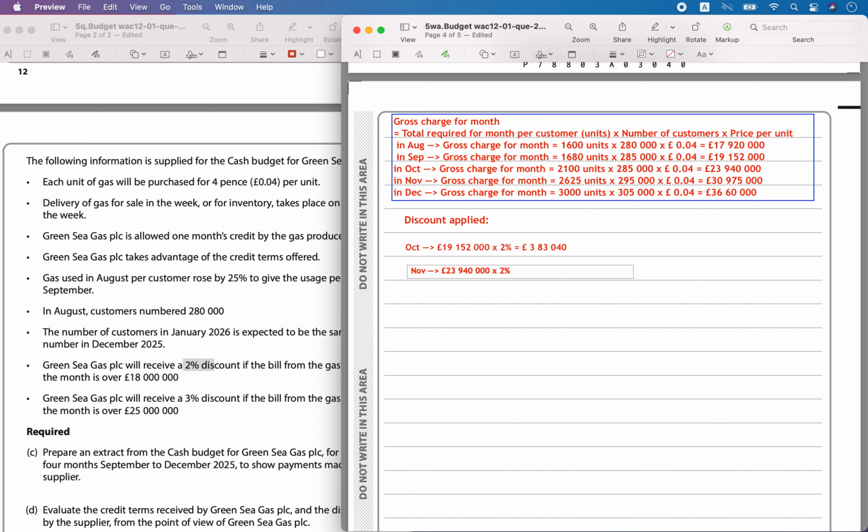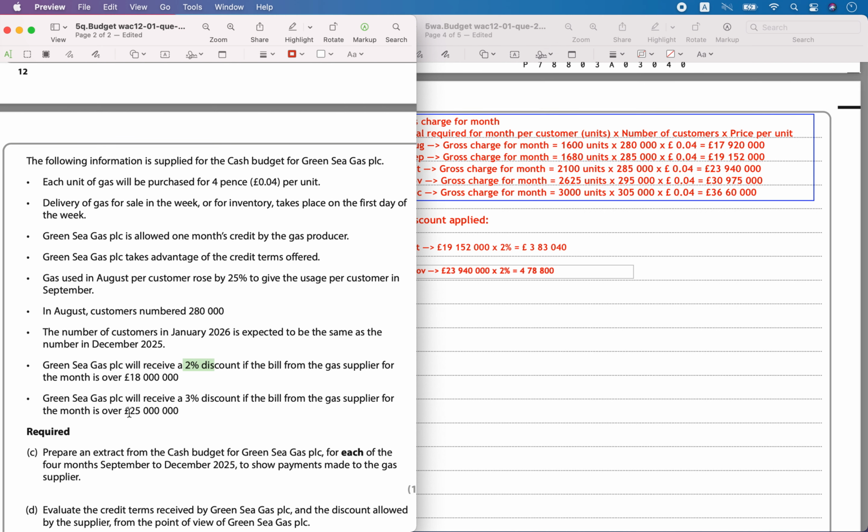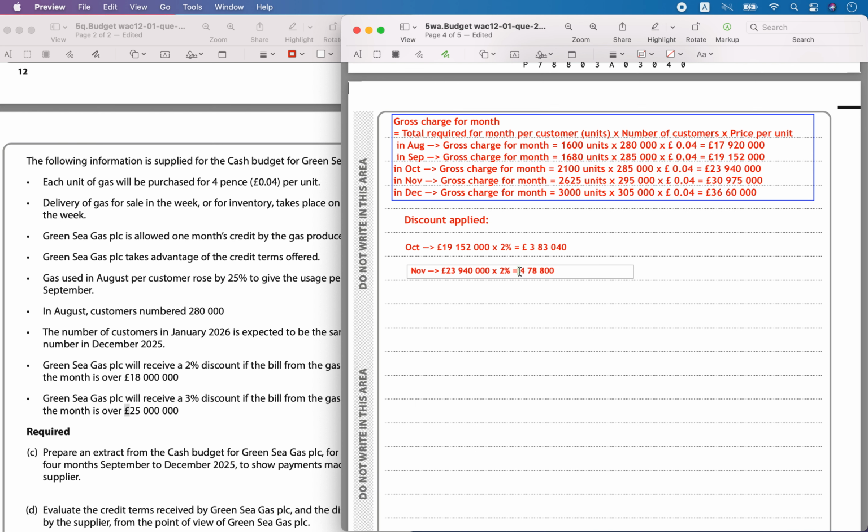So 2% discount will be equal to 478,800. So this is the amount of discount they will get. So after deducting this amount from 23,940,000, they will pay the rest.